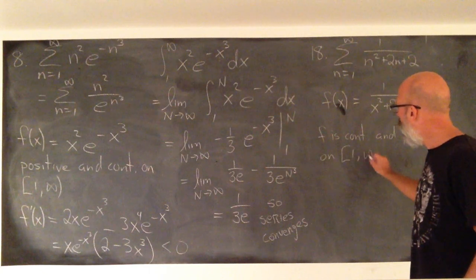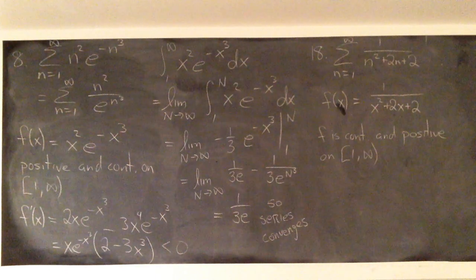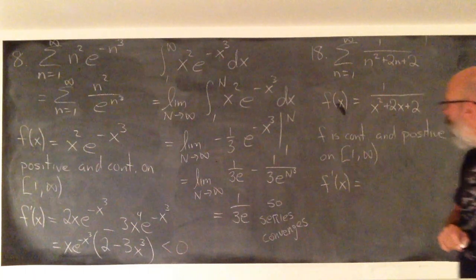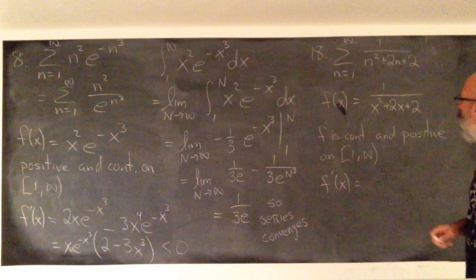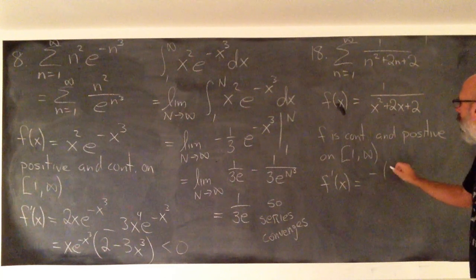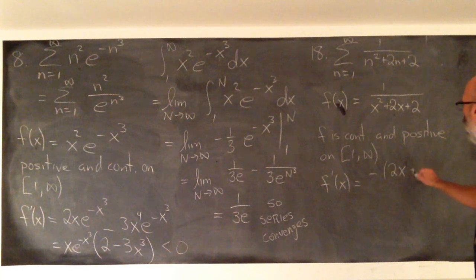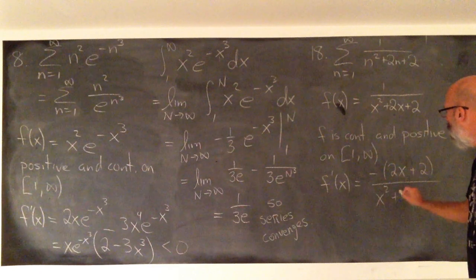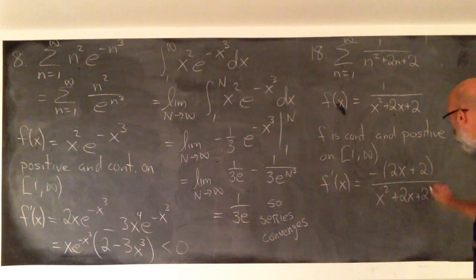So now we see that f is continuous and positive on the interval 1 to infinity. What about decreasing? We will again consider the derivative, which is easily seen to be negative (2x plus 2) over (x squared plus 2x plus 2) all squared.